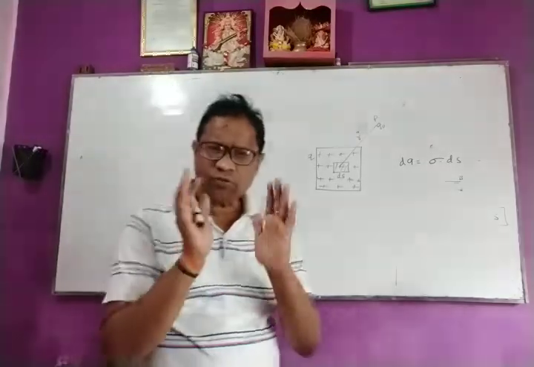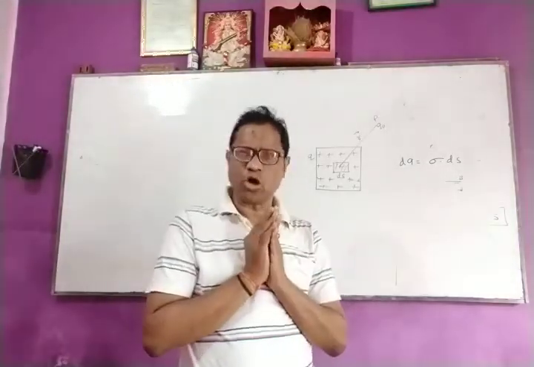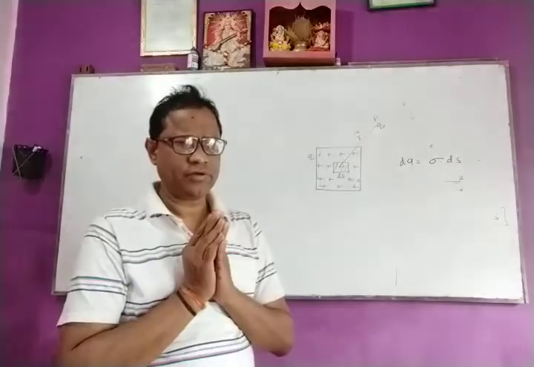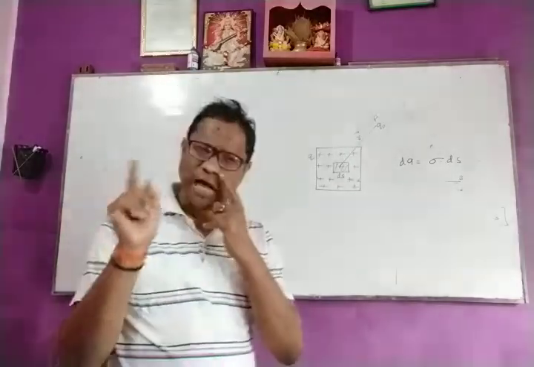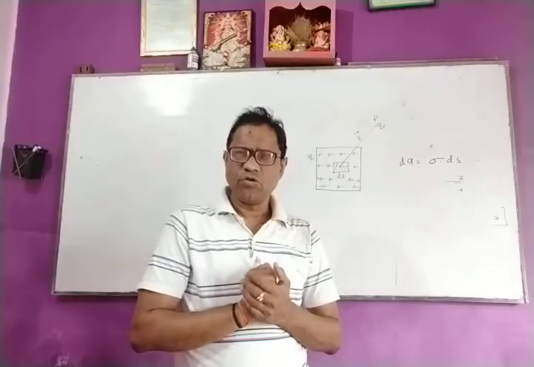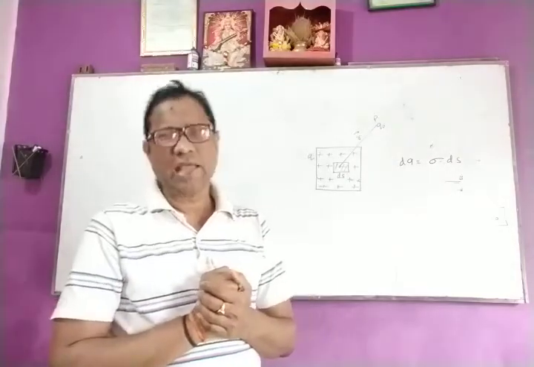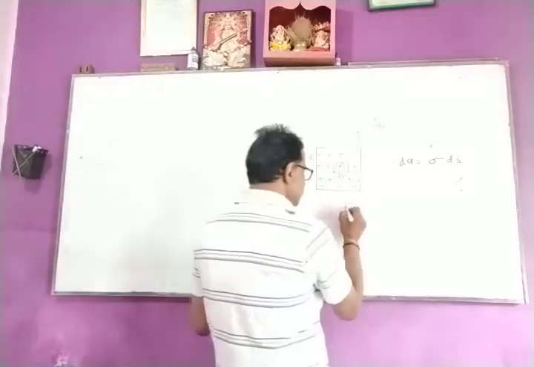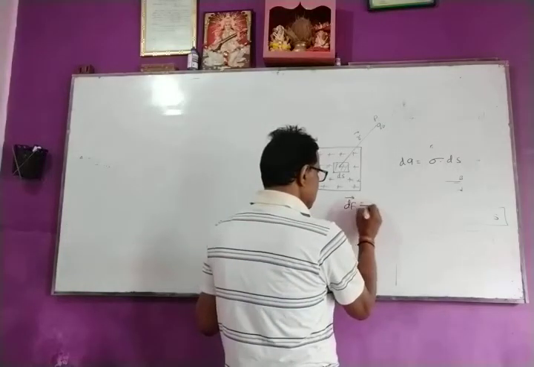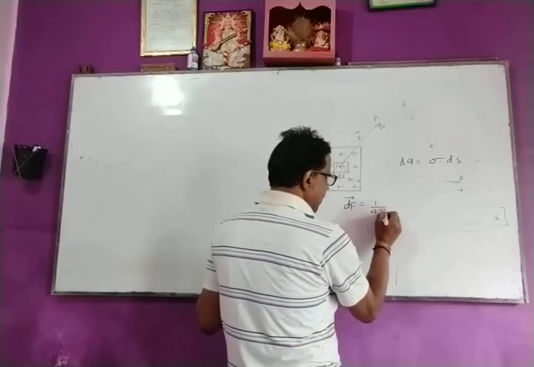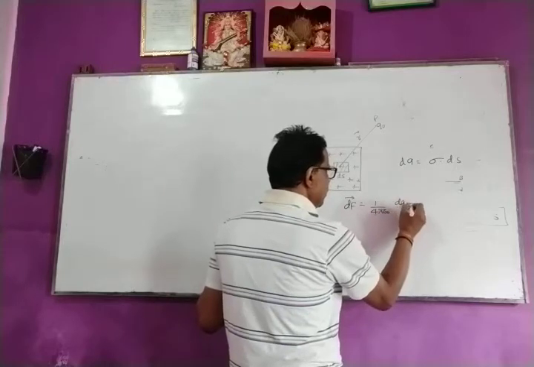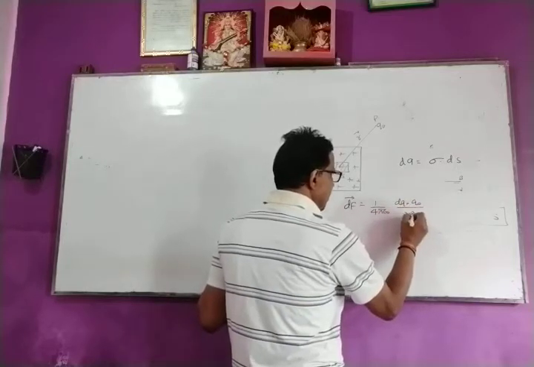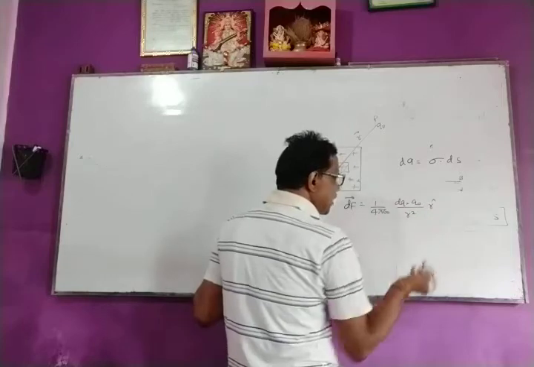Now electrostatic force on the charge q naught placed at a point P at a distance r from the element is given by, so dF is equal to 1 upon 4 pi epsilon naught dq into q naught by r square into r cap.